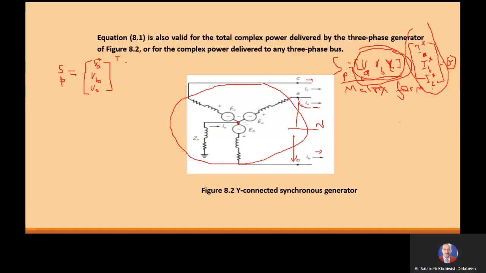So S is multiplied by the currents IA conjugate, IB conjugate, IC conjugate.